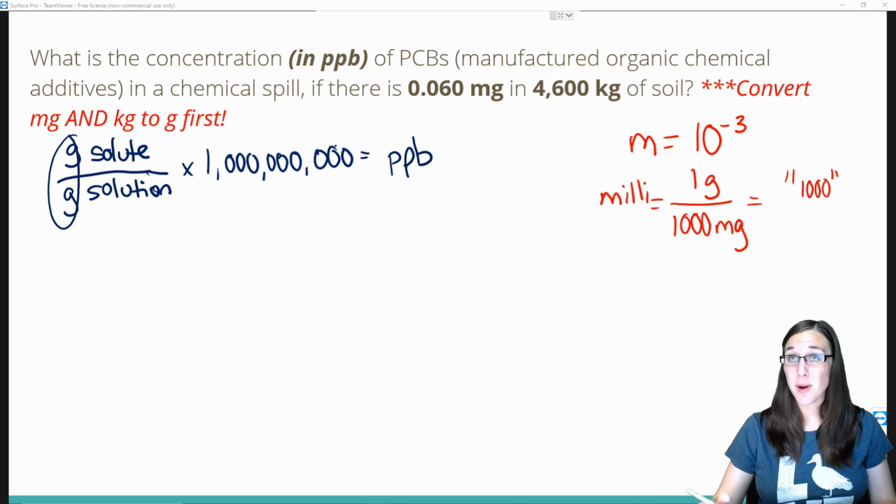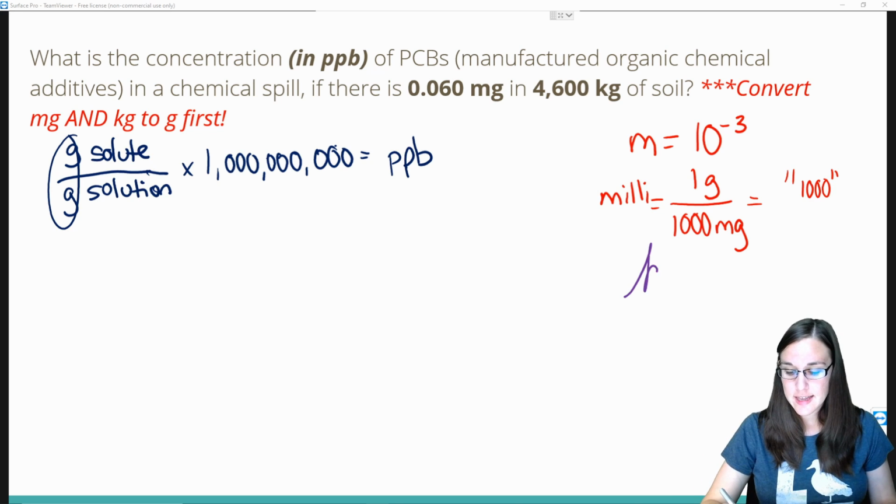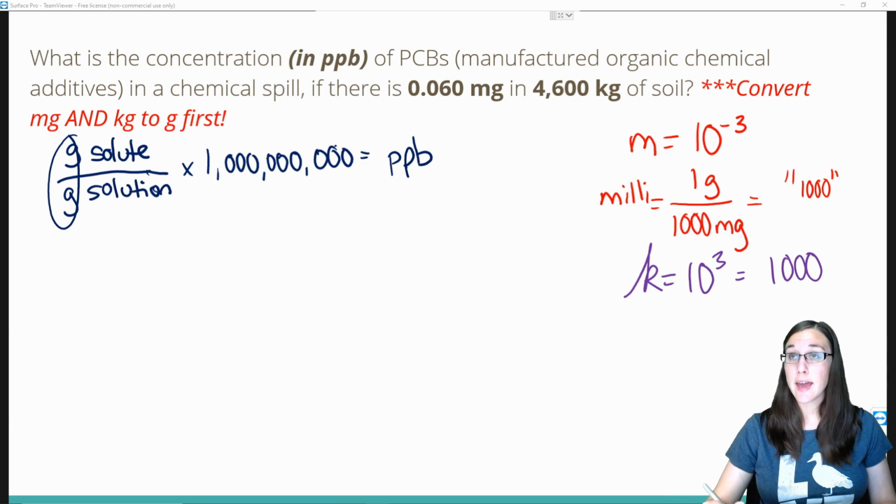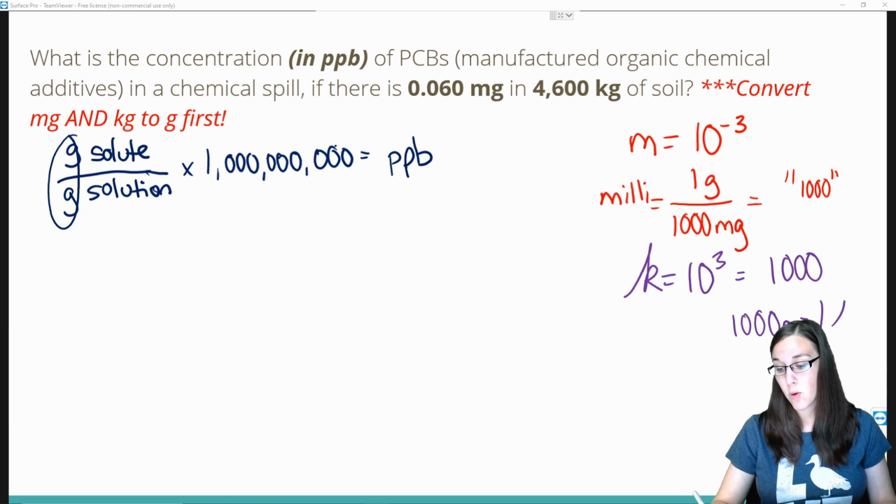But a kilogram is the opposite. A kilogram is something big, kilo, big. So we see that k is represented by 10 to the power of 3, or literally 1,000, right? In that case, we would say there is 1,000 grams in 1 kilogram.